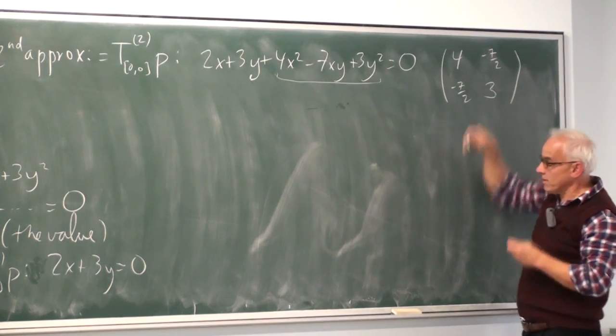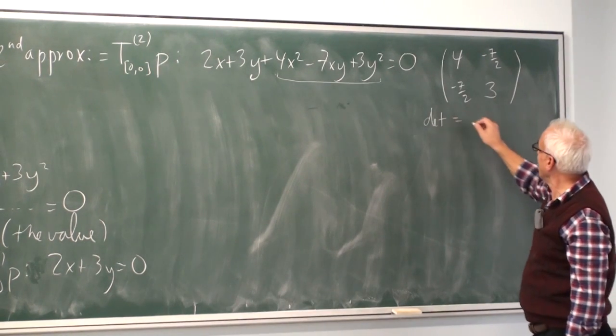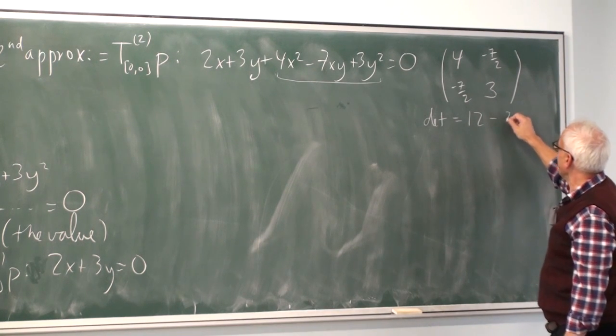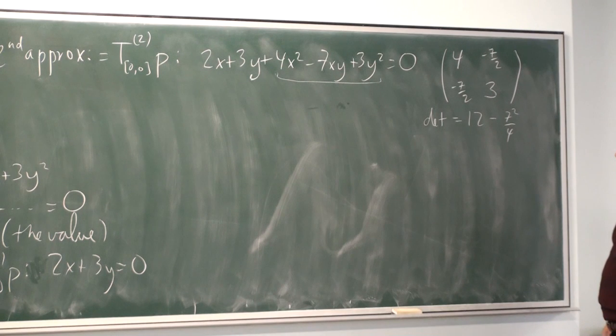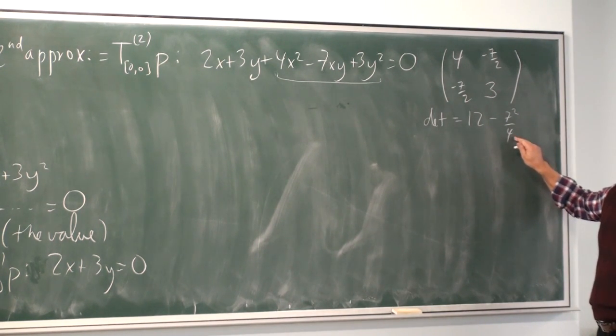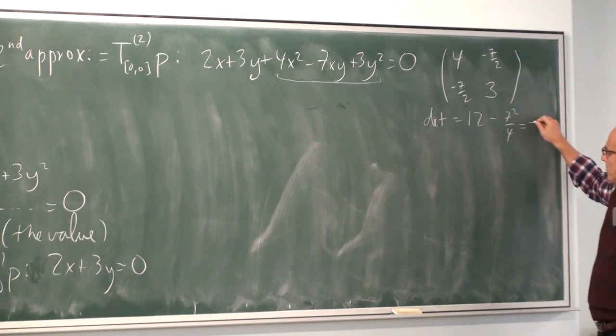And then the crucial thing about this is what is its determinant. So the determinant here would be, what is it? Be 12 minus 7 squared over 4. What's that, 49 over 4? 48 over 4? Is that minus 1/4?